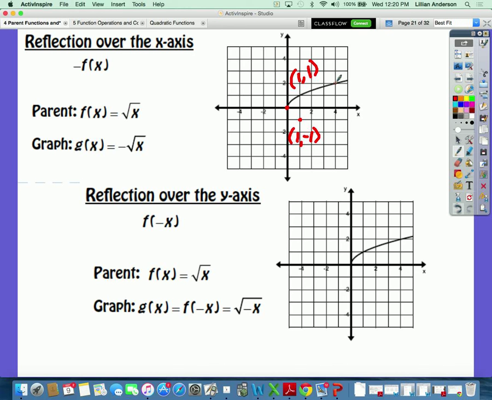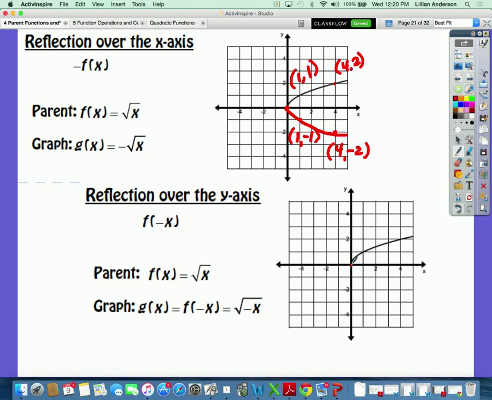This point here at 4, 2 becomes 4, negative 2. So if I reflect it over my x-axis, remember I make my y's negative. And all my y's negative? There it is.